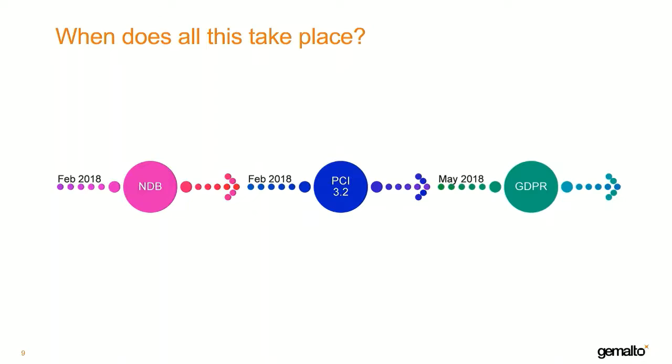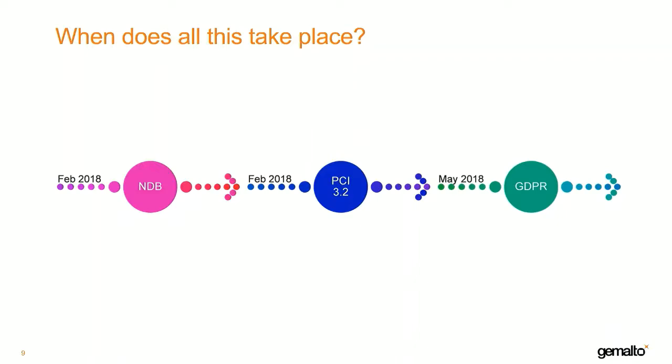Then in February as well, for those people in the banking and finance space or retail space who are under the Payment Card Industry Data Security Standards, the latest version, version 3.2, is also becoming mandatory. So February is going to be quite a busy month for a lot of organizations.